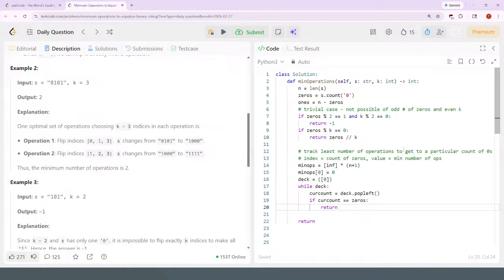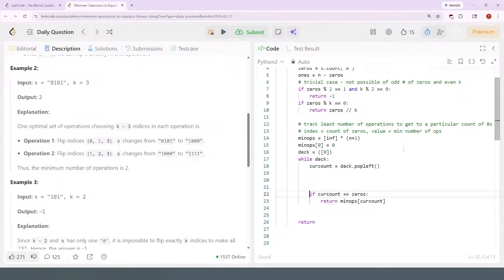There's some optimization here that I'm missing. Return min ops of this current count. Maybe I should be doing this later actually. I should maybe do that during the process. Okay. Okay, so I think I can do.